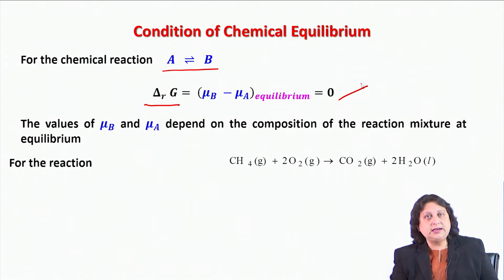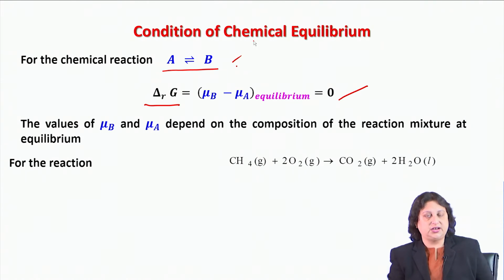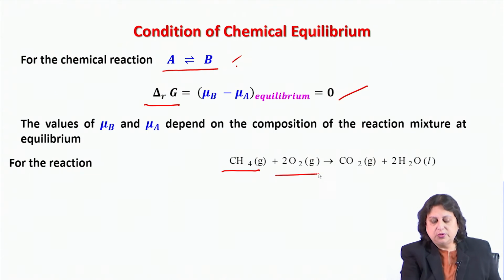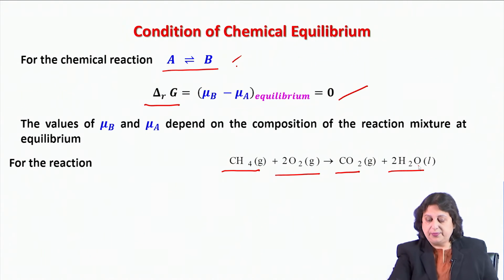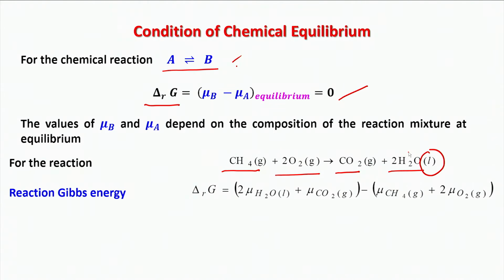For example, let us take this relationship, which is a little more complicated than a simple chemical reaction like this. So I have 1 mole of methane reacting with 2 moles of oxygen, giving rise to carbon dioxide and 2 moles of water vapor, and not water vapor, liquid water. So here for this reaction, the reaction Gibbs energy by definition is given as 2 times mu of water liquid plus mu of carbon dioxide gas minus the contribution coming from the reactants.